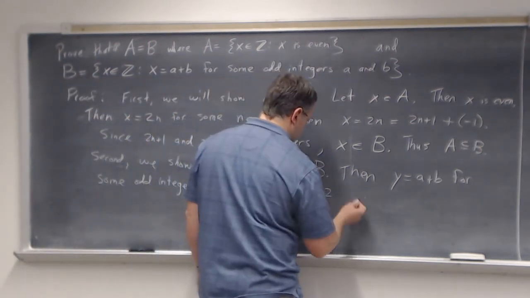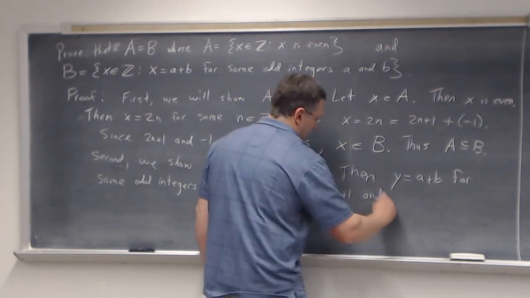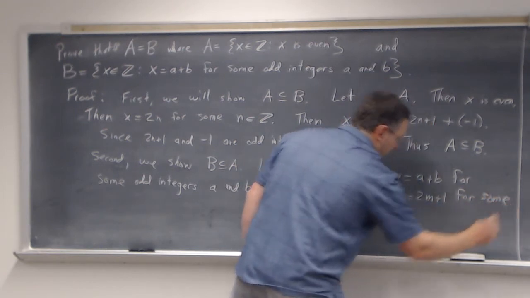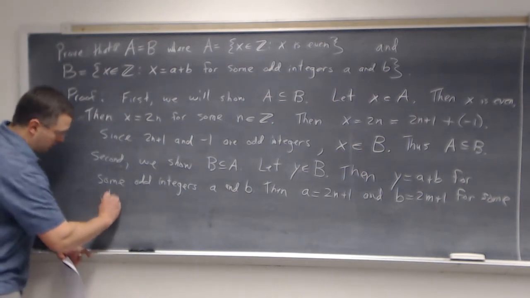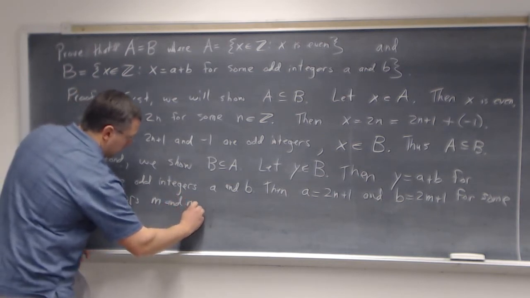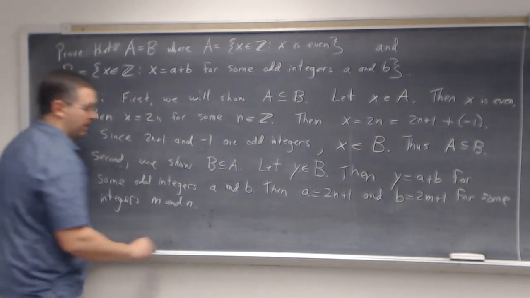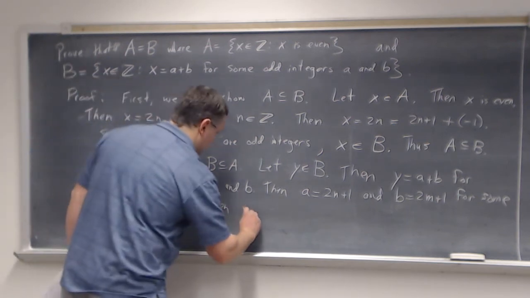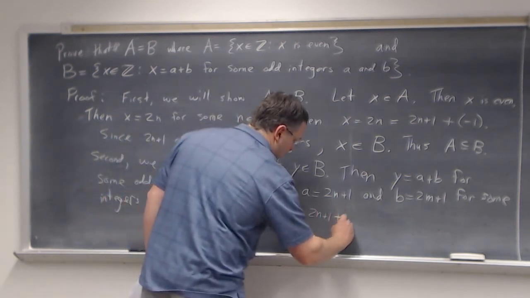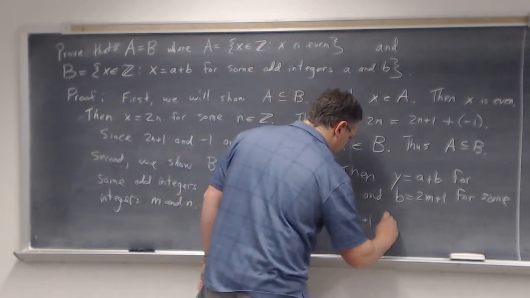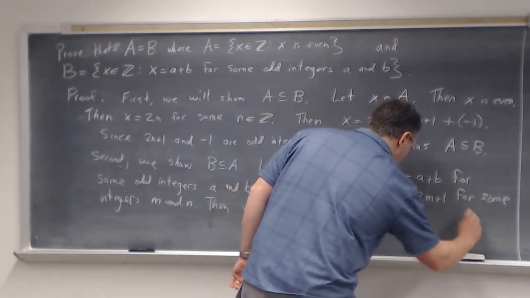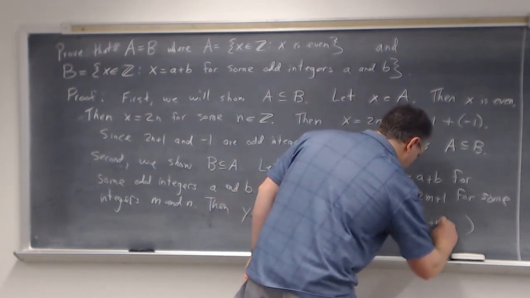Then A equals 2m plus 1, and B equals 2n plus 1 for some integers M and N. And Y, which equals A plus B, equals 2n plus 1 plus 2m plus 1, which can be written as 2 times the quantity n plus m plus 1.